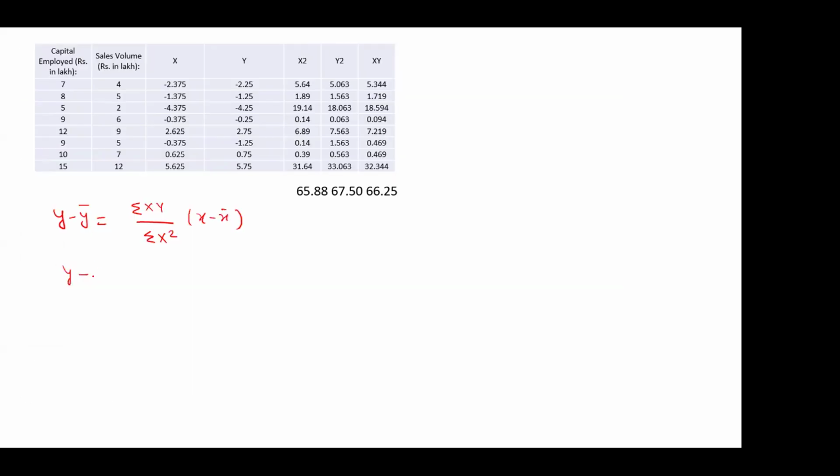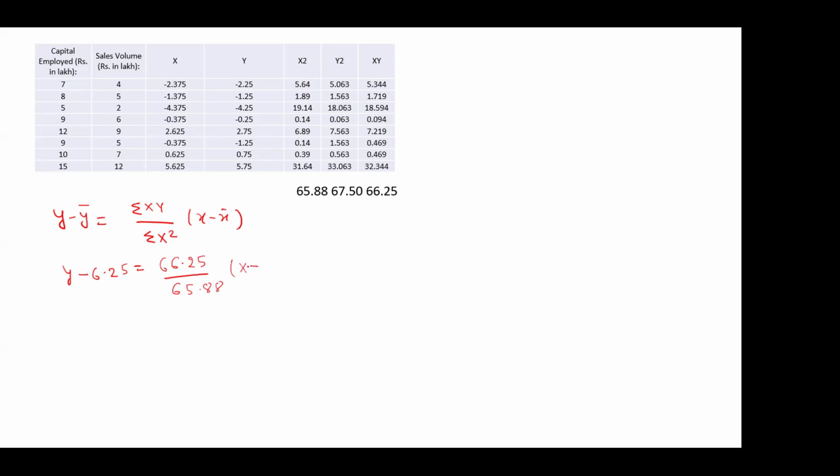So here put the value of y bar, 6.25, equal to summation xy, we got 66.25, divided by summation x square. How much did we get? 65.88, into x minus x bar.